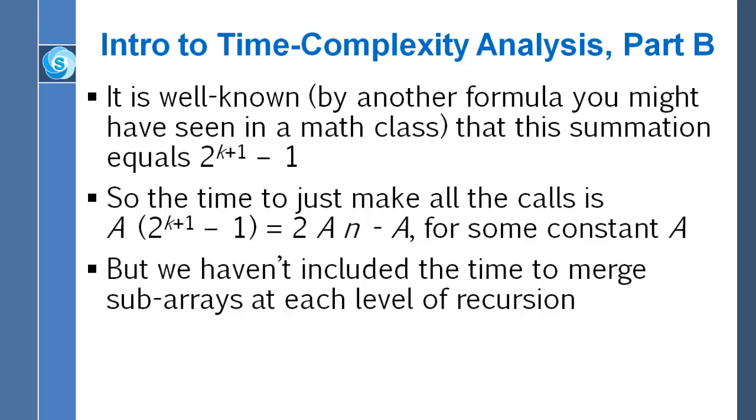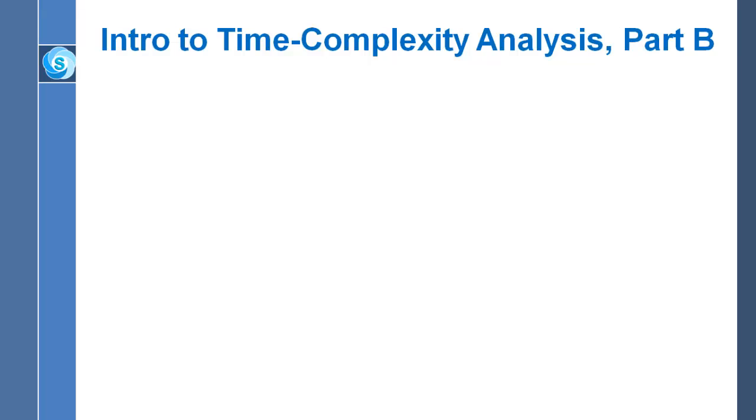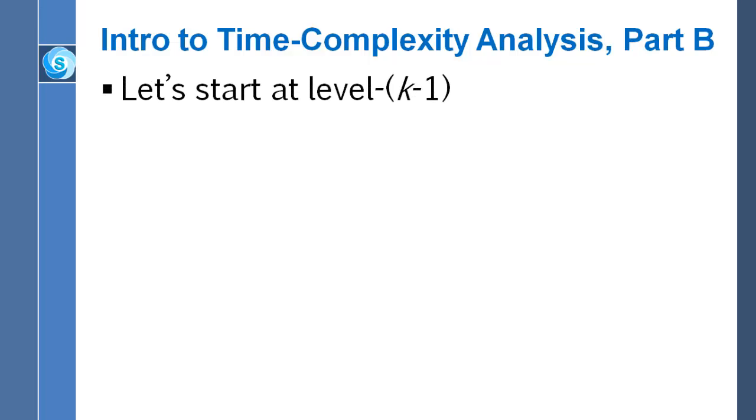Okay, now we have to reckon with the time spent merging. Most of the action in merge sort is the time spent merging. Okay, and we want to think about this one level at a time. So let's think first about the merging that takes place at the deepest level of recursion.